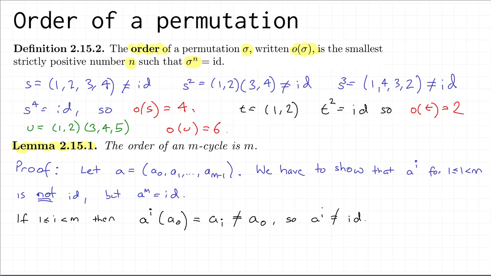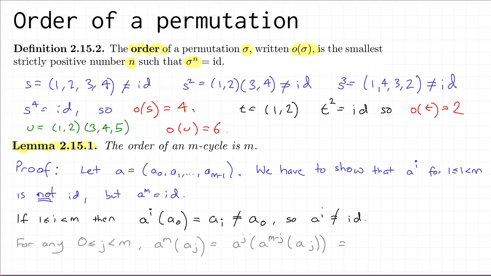So let's just generalize that for any j between 0 and m minus 1 inclusive, then you have a to the m of aj is, I'm going to use my exponent laws, a to the j times a to the m minus j times aj.